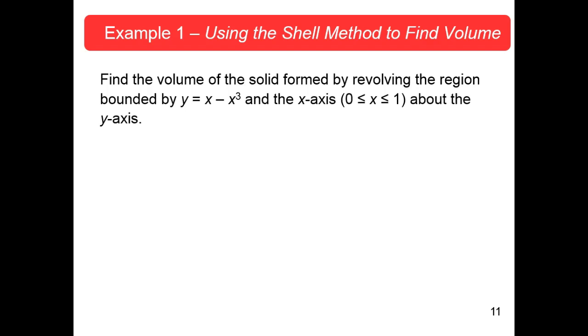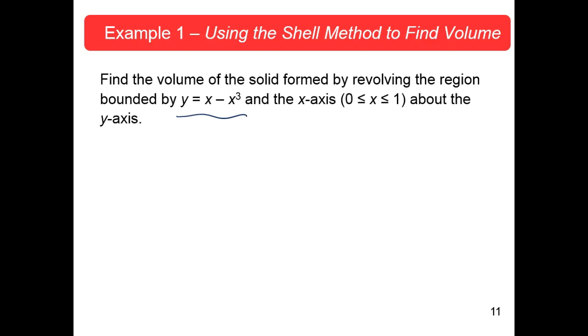All right, so here's example 1, bottom of page 466 if you're following in the book. Find the volume of a solid formed by revolving the region bounded by y equals x minus x cubed. As soon as I see this, I'm saying let's do dy's, because you already have one function as a function of x.